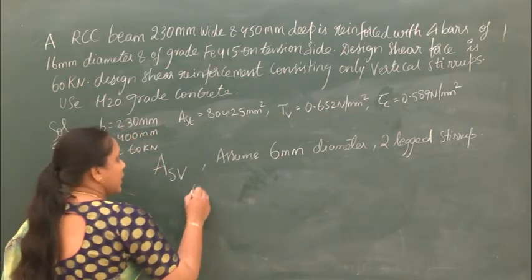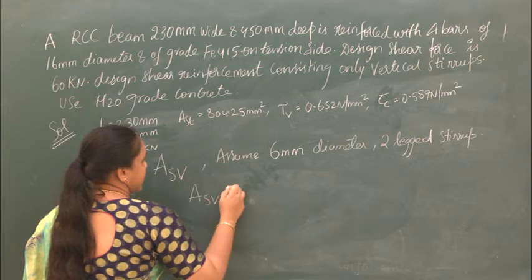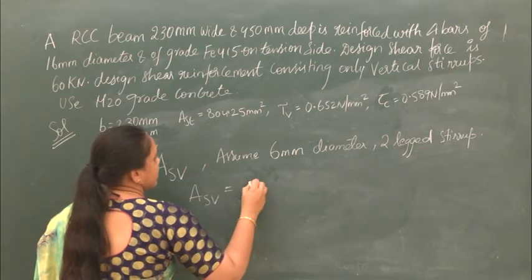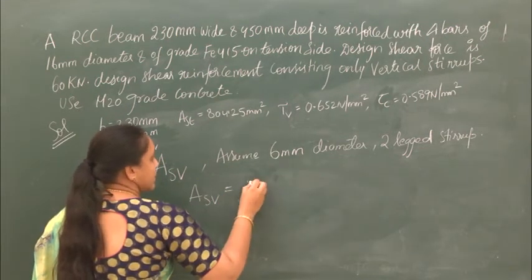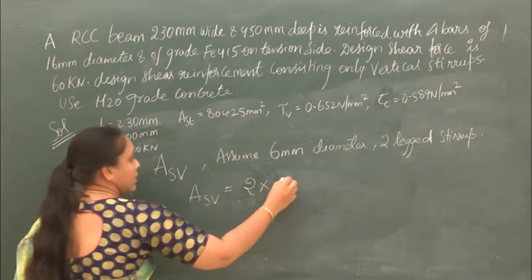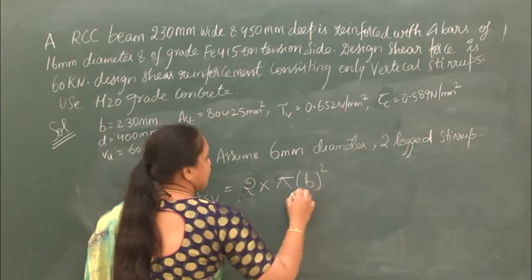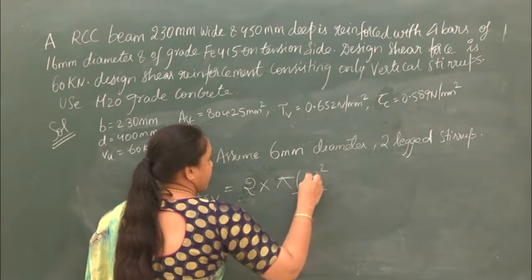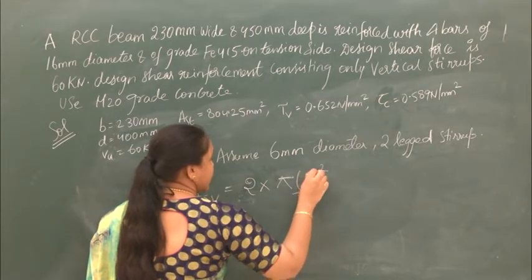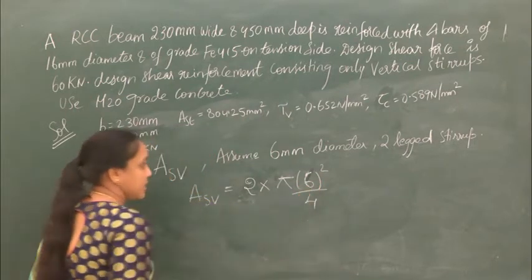How will we find out ASV? ASV is equal to the number of legs, 2, into pi d square by 4. Here d is 6, so pi into 6 square by 4.